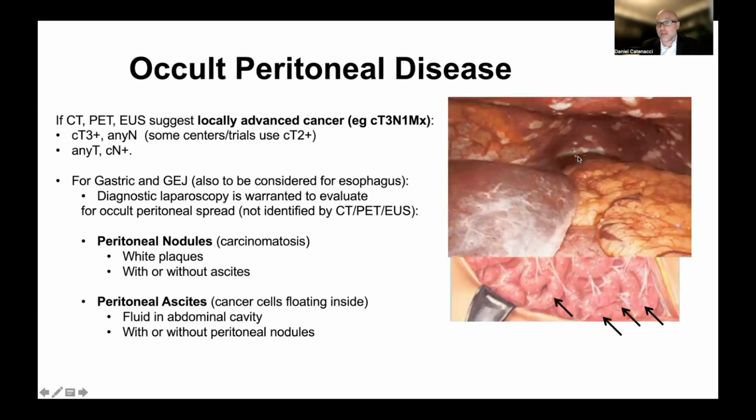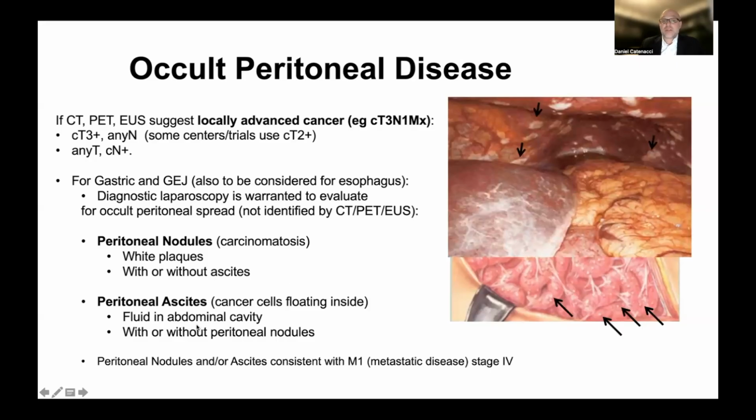And this is a real life image from intraoperative laparoscopy through the video scope, showing the various white plaques throughout the abdominal cavity, sitting on the inside of the wall of the abdomen, and oftentimes sitting on top of the liver. This is the liver here, and on the bowel.